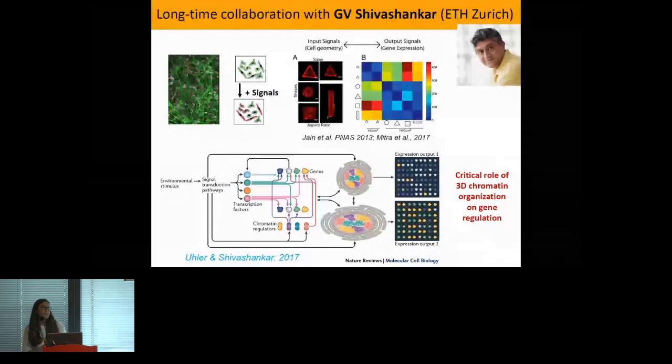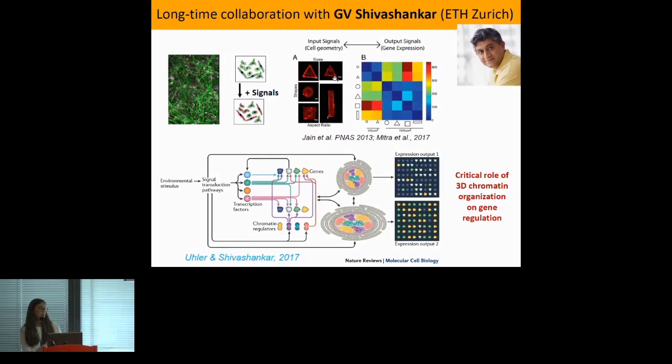That already tells you how important the 3D shape is of the cell and of the cell nucleus. That's the only thing that has changed here. And these are really predictable. So you can in fact predict these as well.